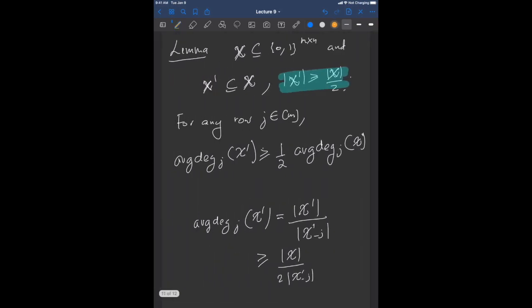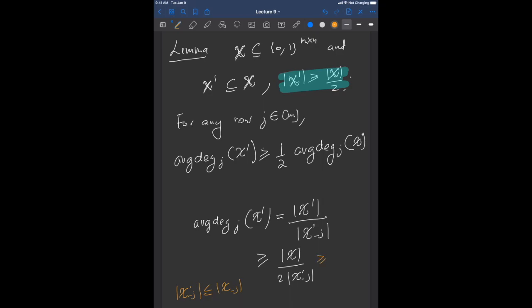So once we have this claim, then we know that cardinality of x dash j is less than or equal to cardinality of x minus j. So if you substitute x minus j here, this can only decrease this quantity. If you increase the denominator, the total value only decreases.